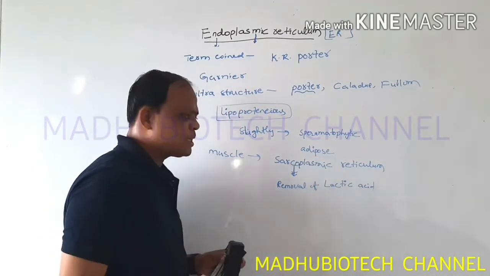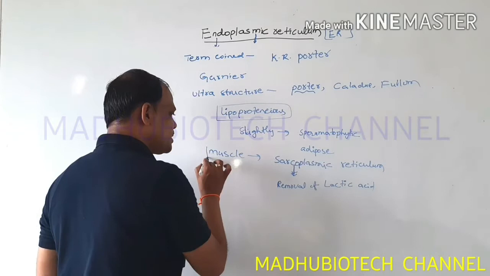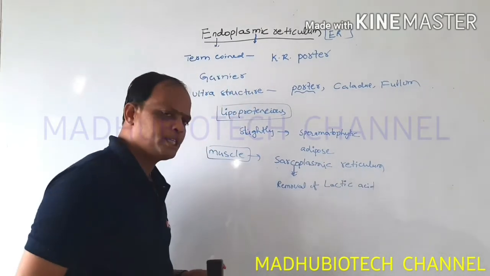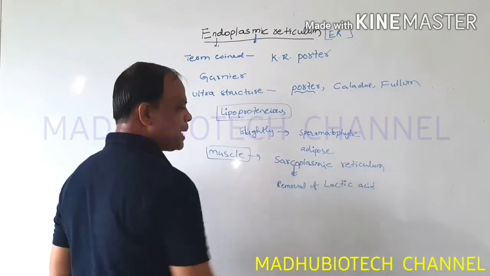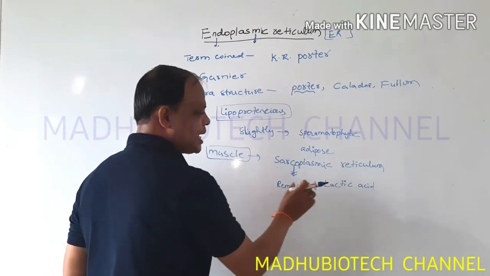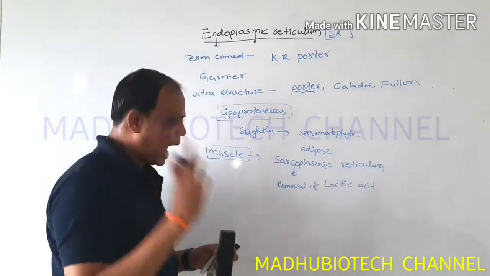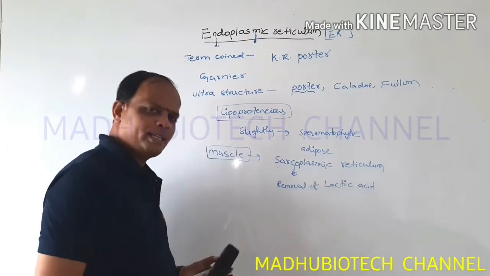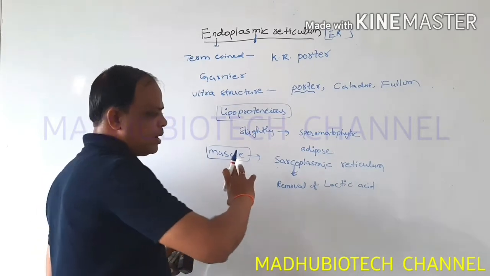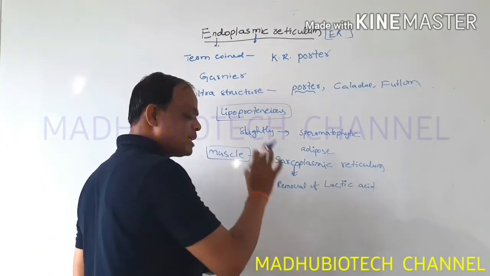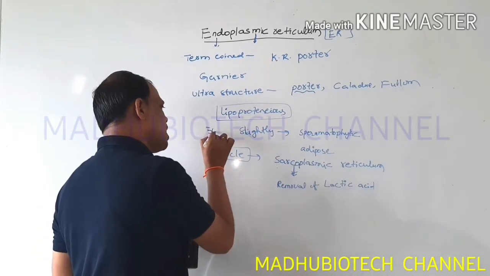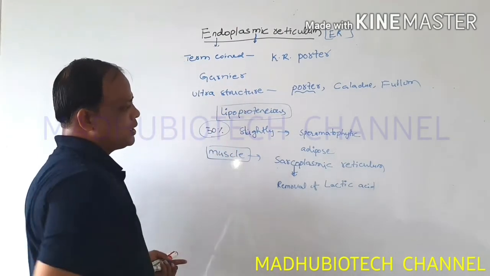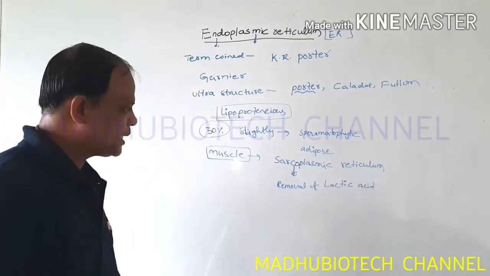The endoplasmic reticulum is located inside the cell mass, occupying 50% of the cell. This is the introduction part of the endoplasmic reticulum.